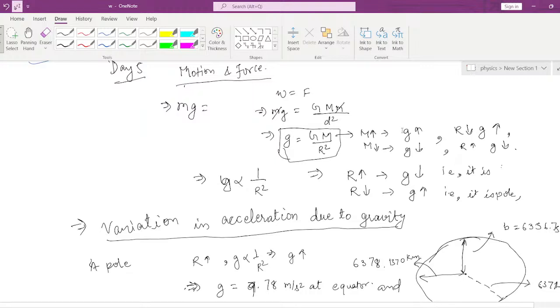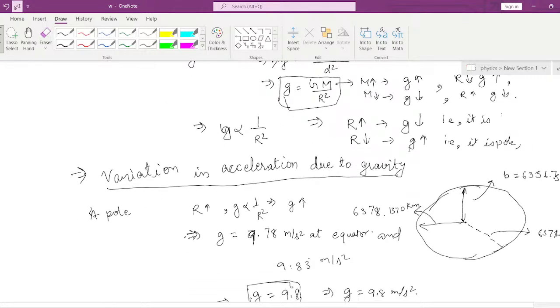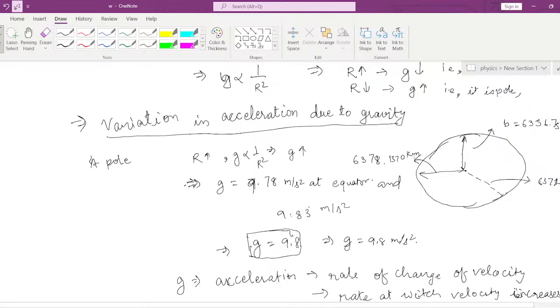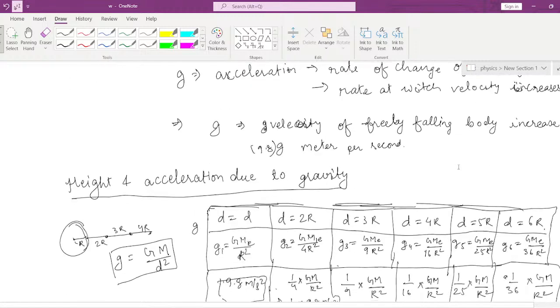If mass increases, the acceleration due to gravity also increases. If mass decreases, the acceleration due to gravity also decreases. After that, we have seen the variation in acceleration due to gravity. At the pole, it is larger than at the equatorial region, because at the pole we have a smaller radius as compared to the equatorial region.